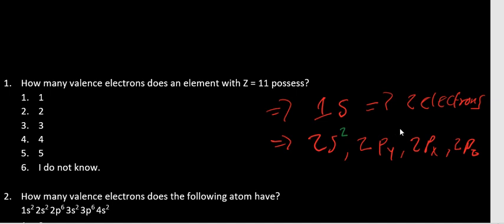So you find that there are 2, there are 2, there are 2, there are 2. So the second energy level, which is the 2, is simply going to have 8 of them.